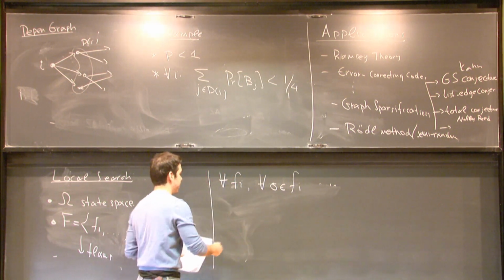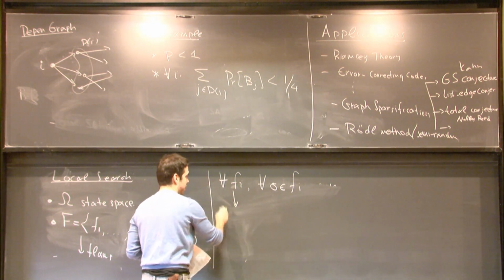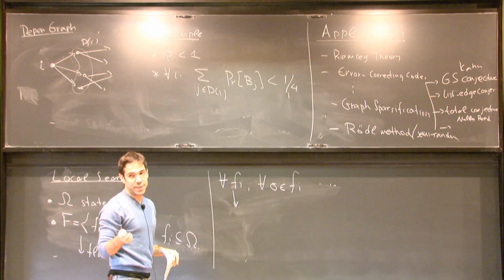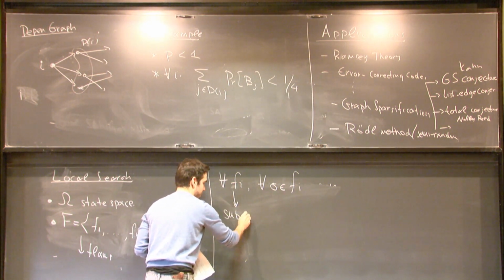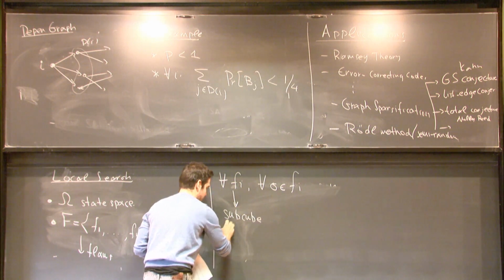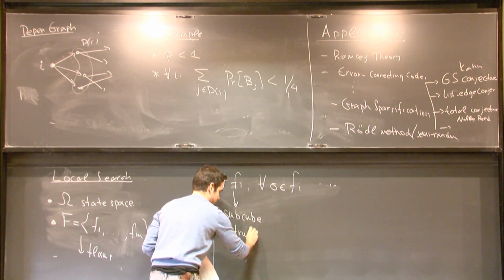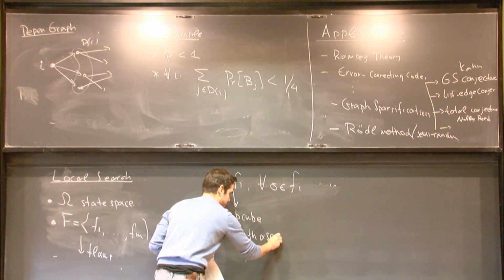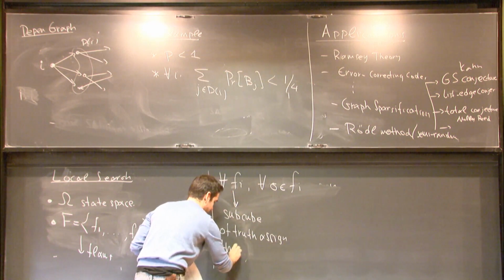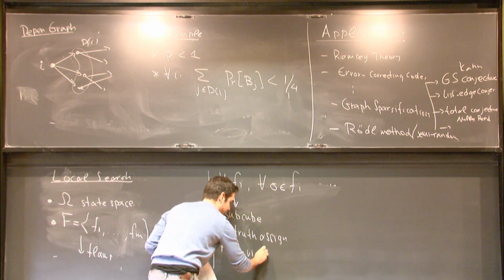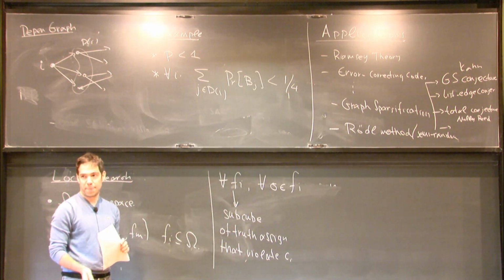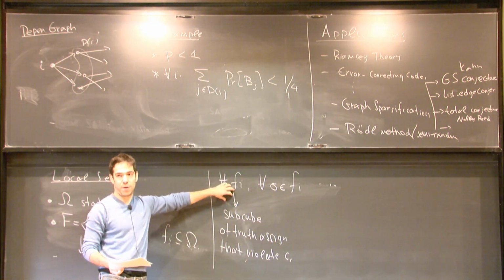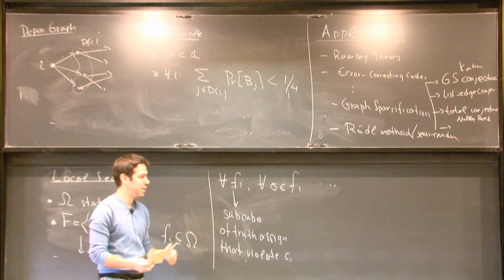For example, in the KCNF example, fi would be the subcube of truth assignments that violate clause Ci. So this would be the flaw in the case of KCNF.